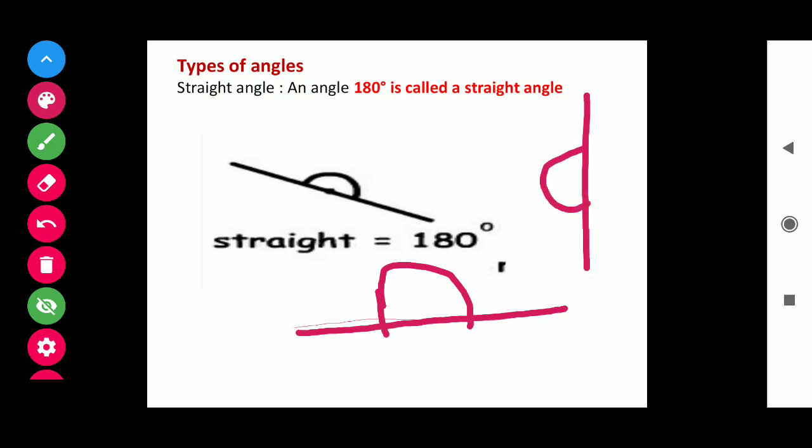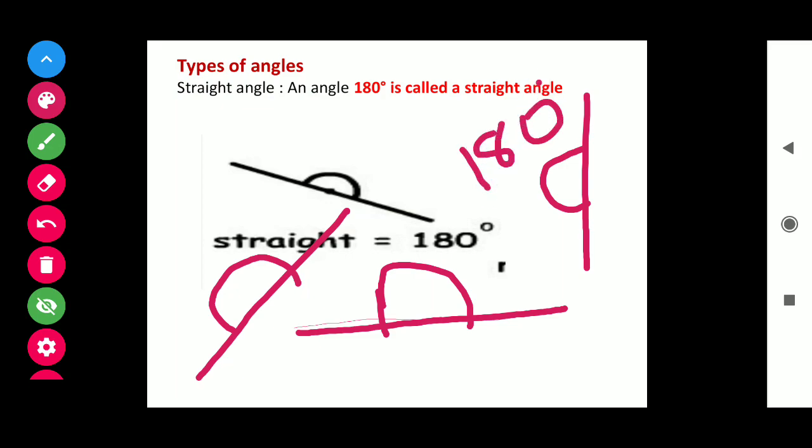This one is also called a straight angle. In short, if a straight line is there, then it is called a straight angle, because the measurement of a straight line angle is 180 degrees. All these angles are straight angles.